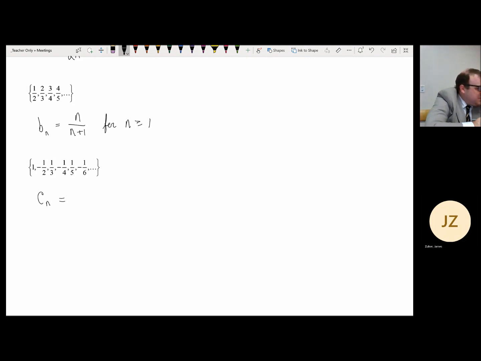Specifically, starting with 1, all the odd terms in the sequence are positive. All of the even terms in the sequence are negative. The easiest way to represent alternating is -1 to some power.